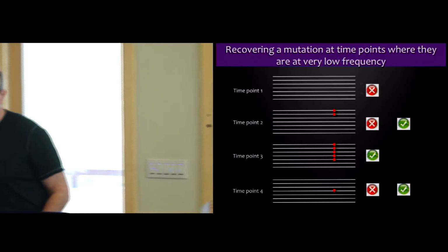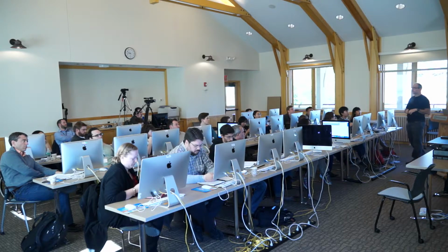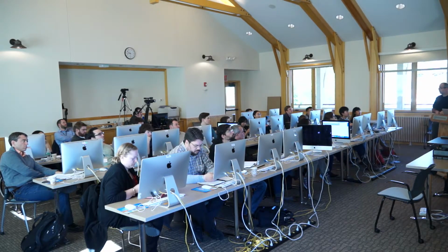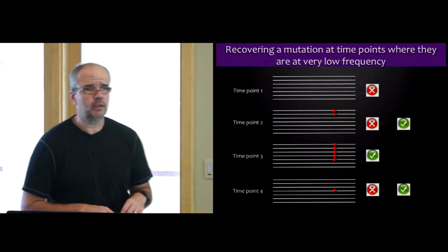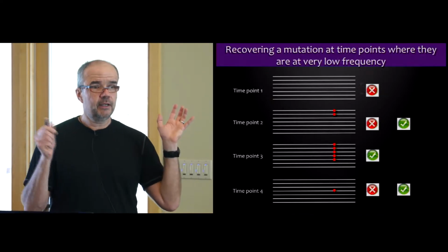Do any other callers use this joint calling method? There are some joint callers, but not for tumor. Tumor calling tends to be normal versus a tumor sample, normal versus another tumor sample, normal versus another tumor. Even the state of the art, like Mutect, is pairwise. But this really gets you extra power.